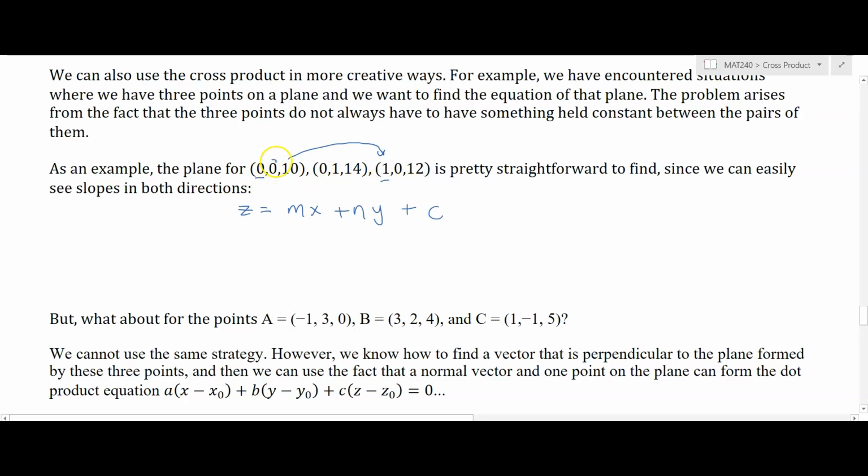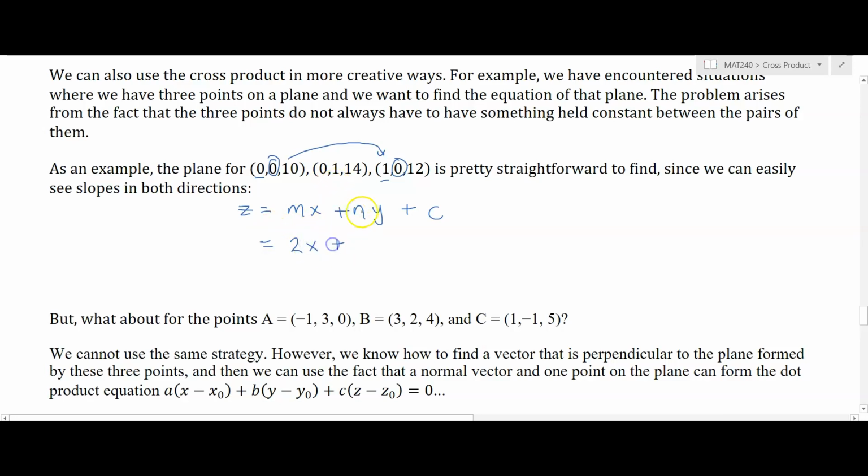The y component is 0 in both triples, and so therefore we could say that the observed change of 2 units in z, so 10 to 12 is a 2-unit increase when we increase x by 1. So that means the slope in the x direction is 2.